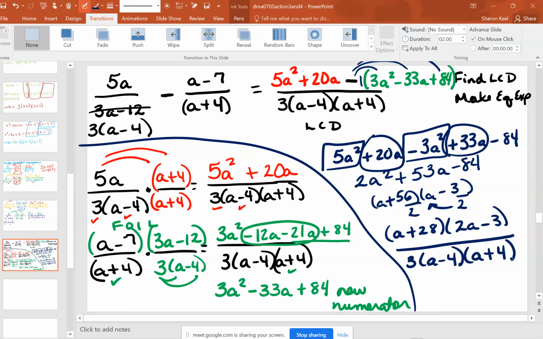Okay, so in this particular problem, I factored it, and there is nothing that can cancel out. So since there's not, this would be left as my final solution. If something could reduce, you would reduce. So any problem that you get, you still need to continue to factor the numerator and the denominator, and then see if anything could reduce.